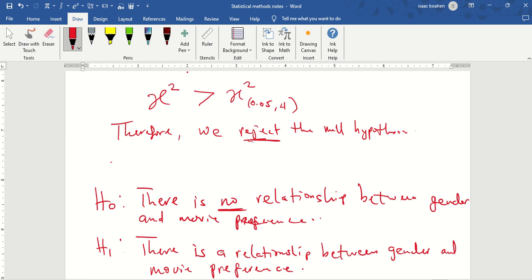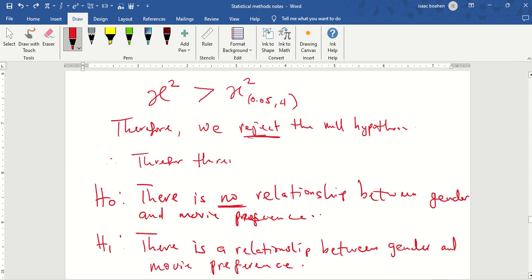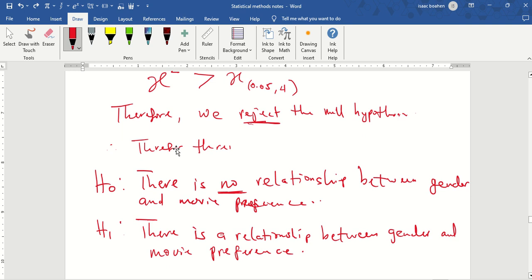Therefore, we rather take the alternative hypothesis, which is that there is a relationship between gender and movie preference. So when you reject the null hypothesis, then you accept the alternative hypothesis. So the alternative hypothesis will hold.